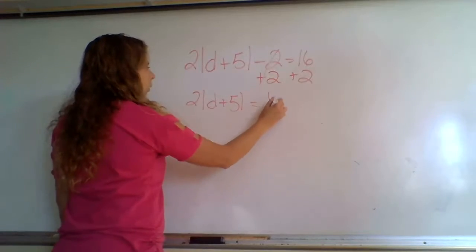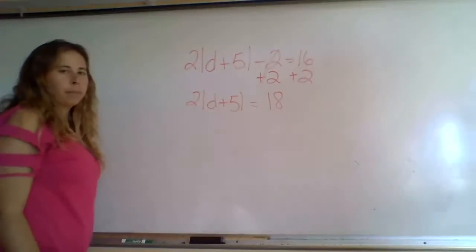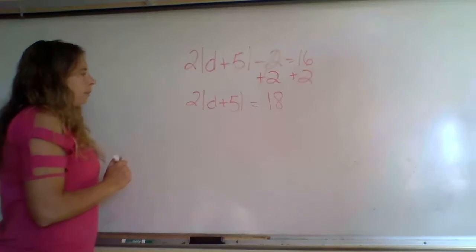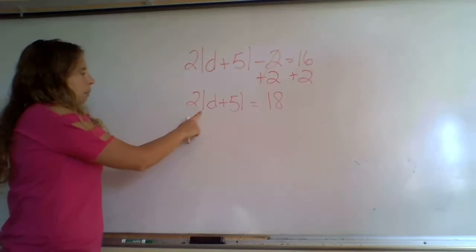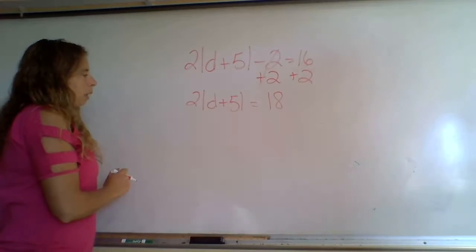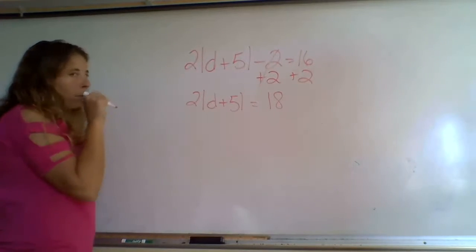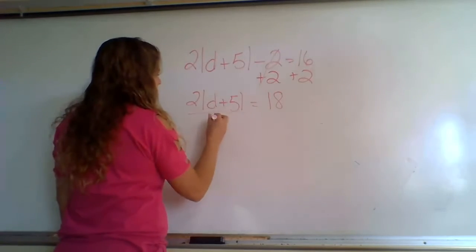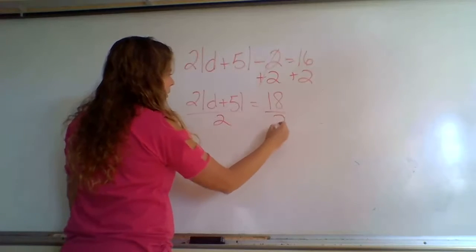16 plus 2 is 18. Right? 2 times the absolute value of d plus 5. So now what are you going to do? I'm trying to solve for d. Divide by 2.